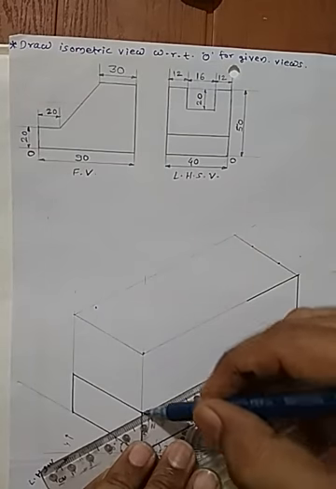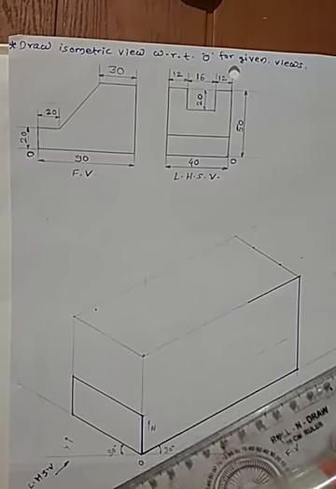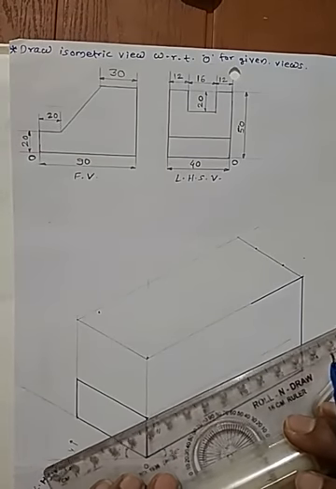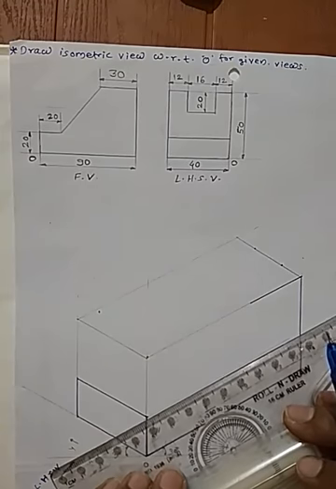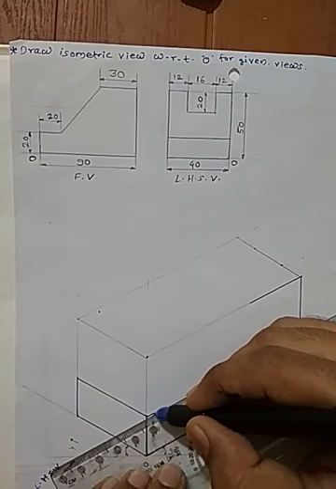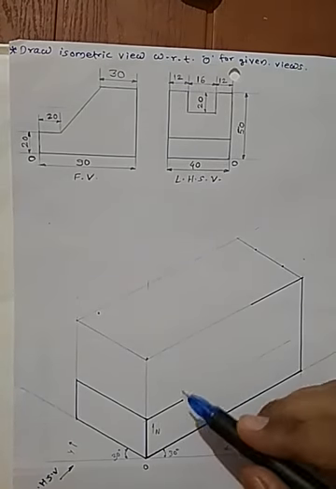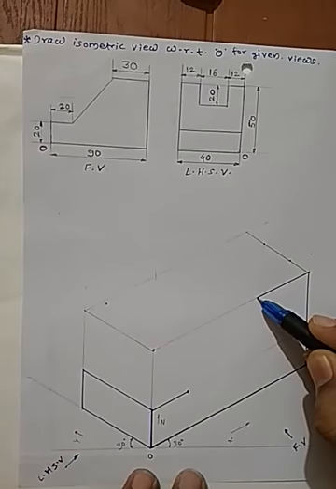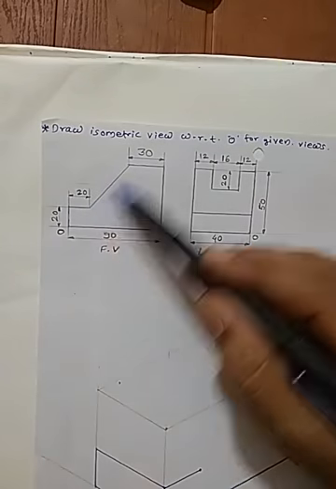This line is parallel to the x axis. On this line you need to count a 20 mm horizontal distance, parallel to the x axis. So this is 20 mm. Now you need to join this point and this point. As you can see in the front view, this is the slope.